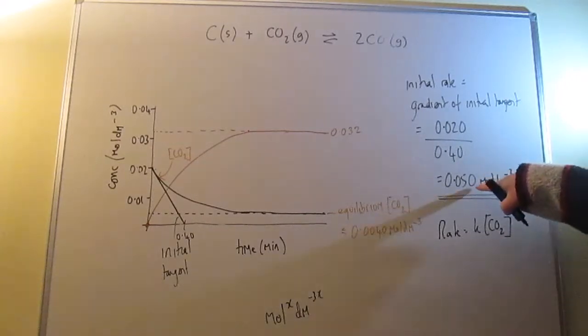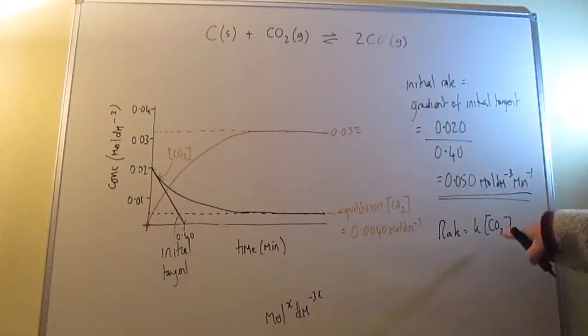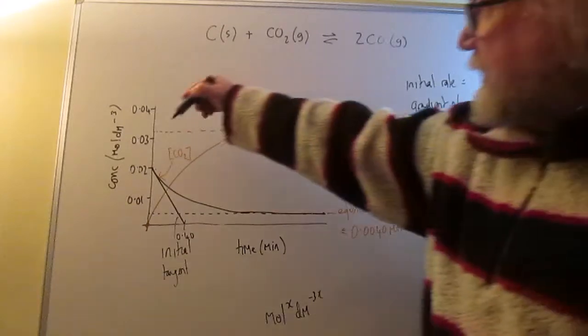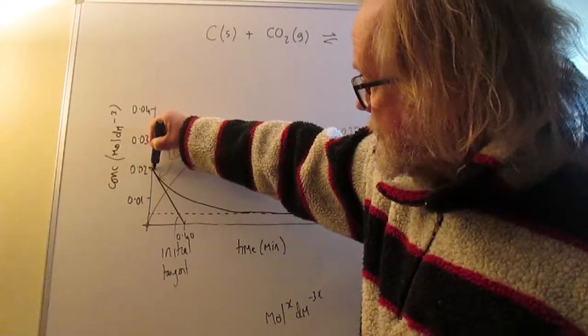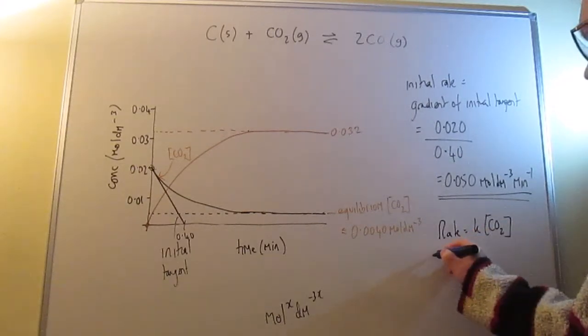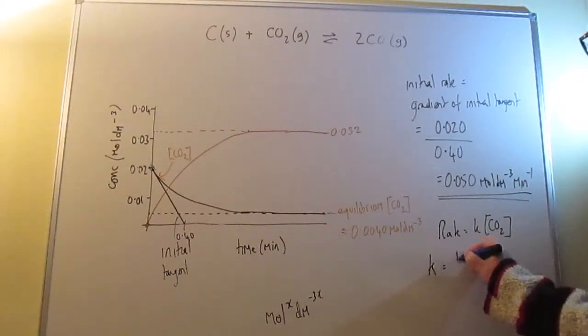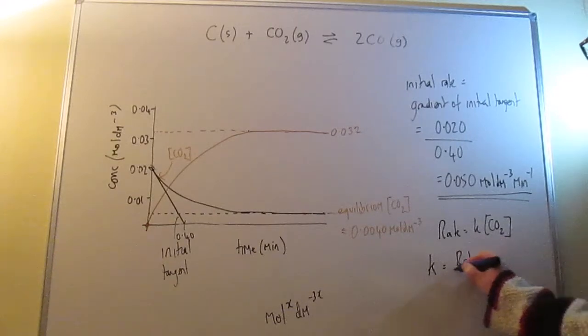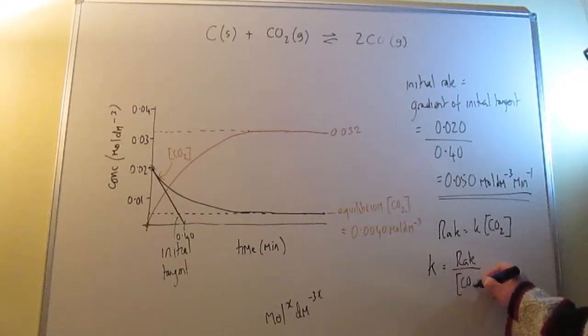So we know the rate, we know what the concentration of CO2 was at the beginning, because that point there is 0.02, so we know those two numbers, so that's actually easy, and we just get K is equal to the rate divided by the CO2 concentration.